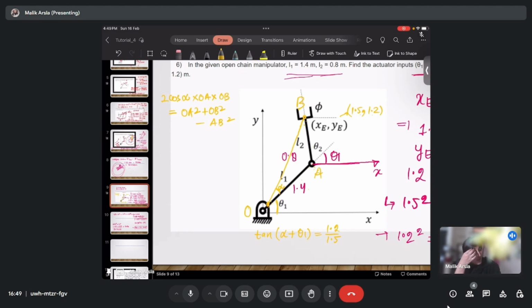So now we can write cos alpha is equal to OA square plus OB square minus AB square upon 2 OA OB. What is OA? Please respond. What is OA? 1.4. Right. What is OB?